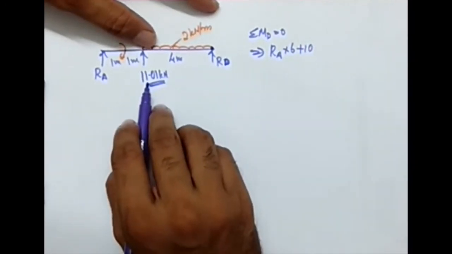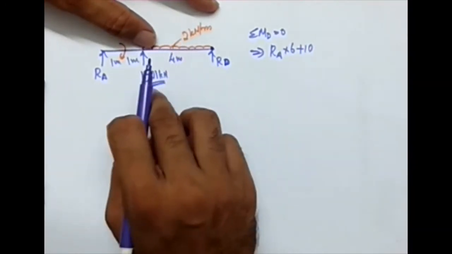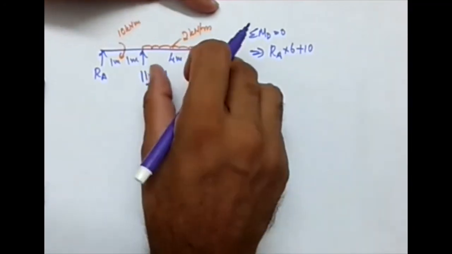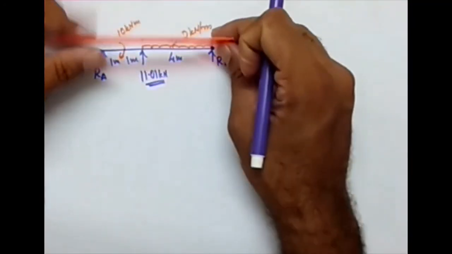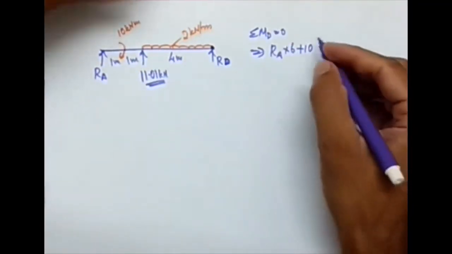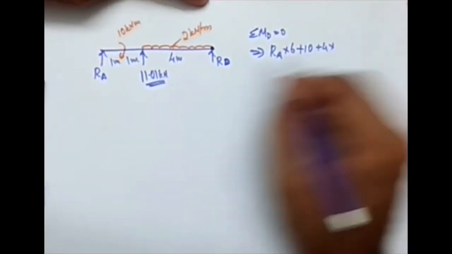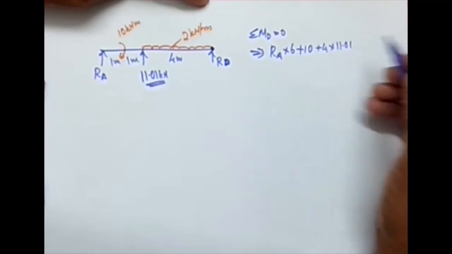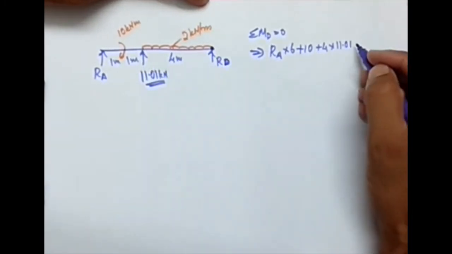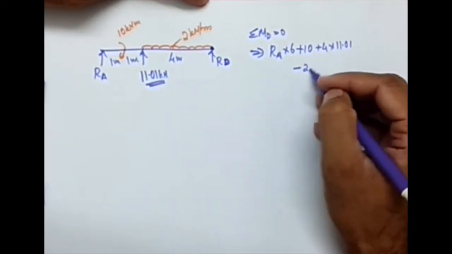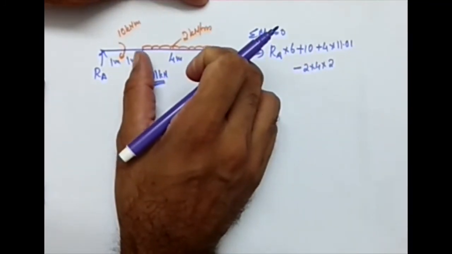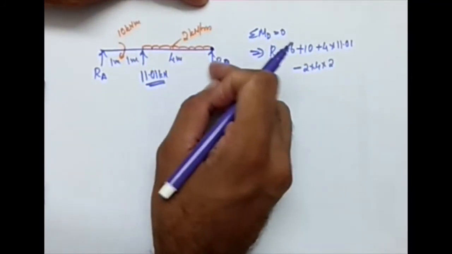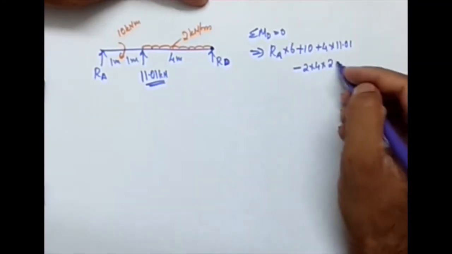Then the effect of this force is 4 times it, and it is clockwise, so plus 4 times 11.01. Then the UDL effect, that is minus 2 times 4 times 2. Okay, 2 into 4 is the force, and half of it, which is 2 meter from this point, is the lever arm, equal to 0.